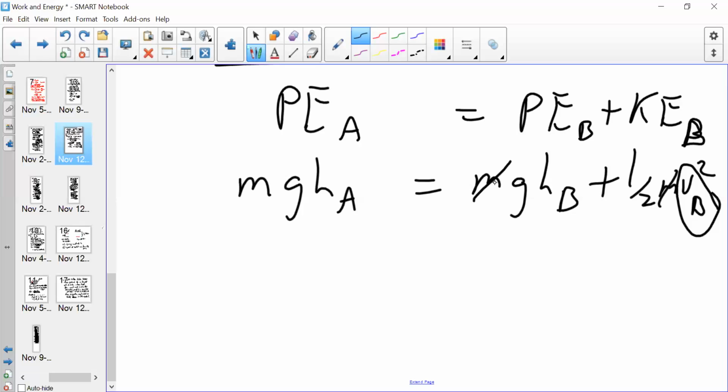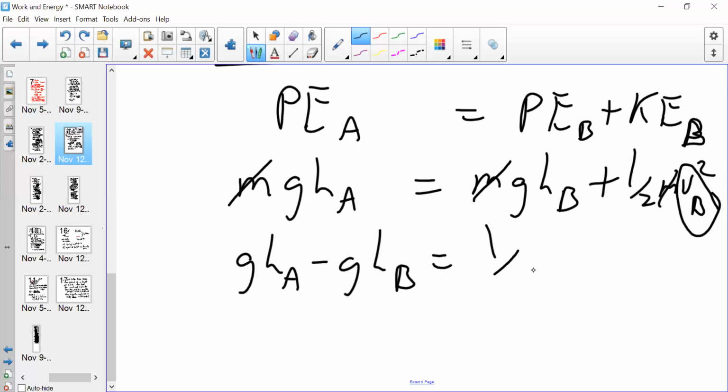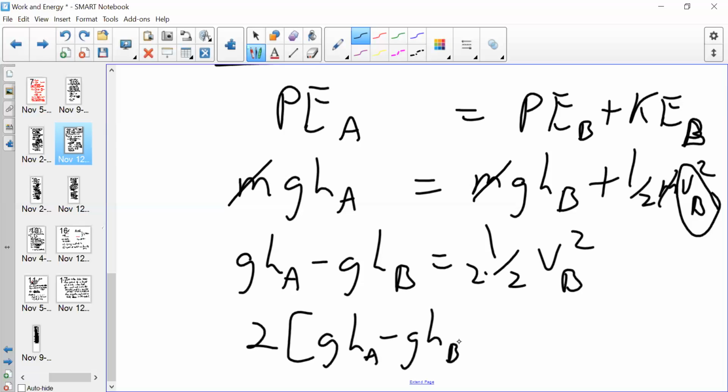The masses cancel out on both sides. Same everywhere. And we're trying to find v_B. So we have gh_A, subtract this guy, minus gh_B equals 1/2 v_B squared. Masses go away when these terms are subtracted, and so I can factor out my g over here. I'll multiply both sides by 2. So 2gh_A minus 2gh_B equals v_B squared.